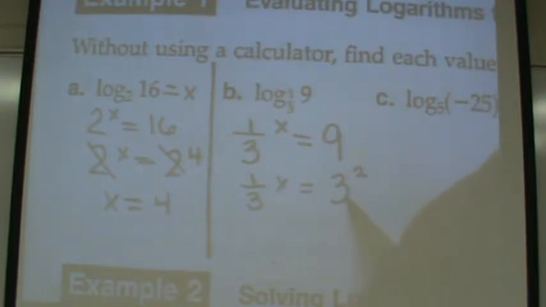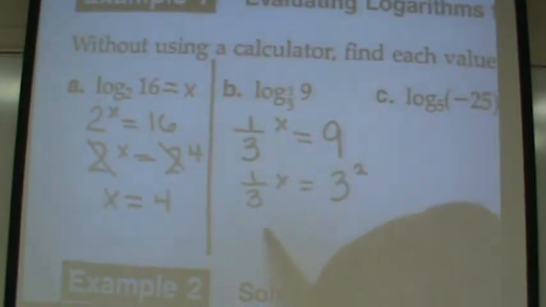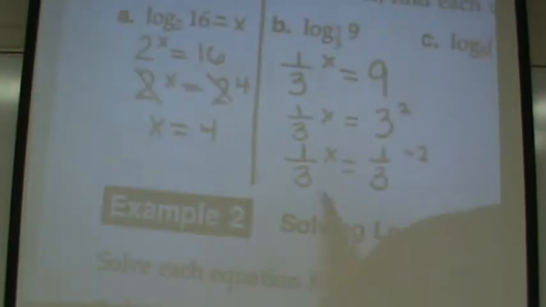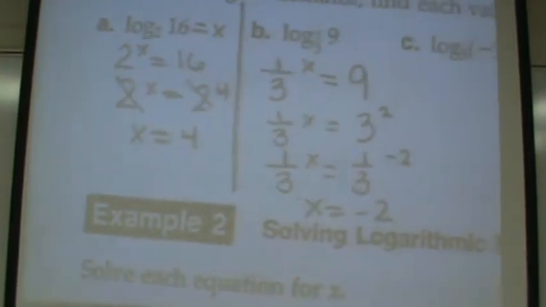And now, how can I turn this into 1/3? What would I have to do to this exponent? Make it a negative. There you go. And so what's your answer? X is -2.